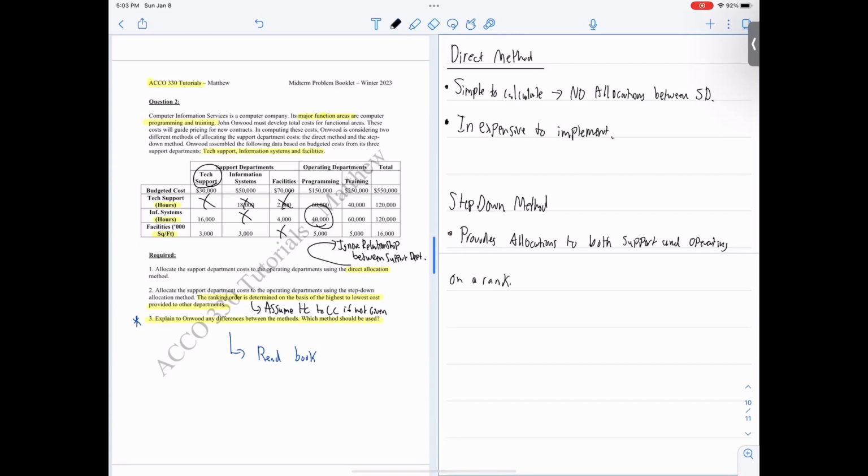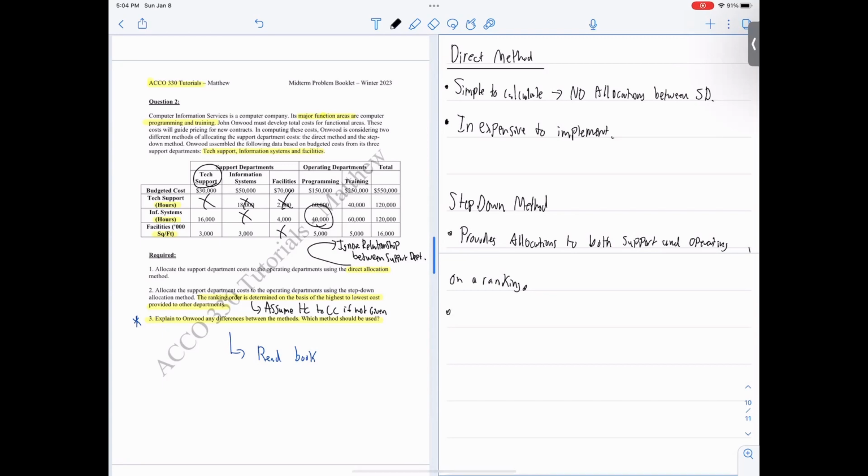Which means we don't help everyone. Only the highest rank helps everyone. Then the second rank only helps the ones after that. And then the last support only helps operating. So it provides allocations to support and operating based on a ranking. Okay, ranking.